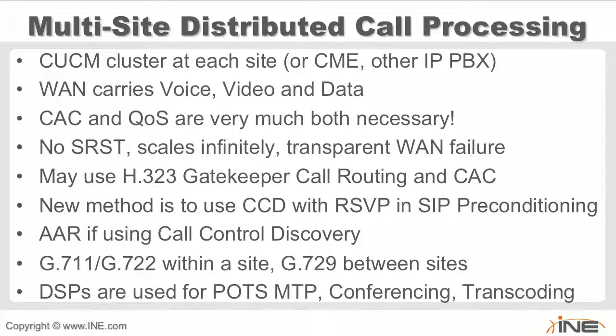They may use H323 gatekeeper call routing and call admission control. Now, that might be what Cisco is still going to expect you to know with multi-site distributed call processing. It just depends on if they've updated their questions enough from the old versions of CIPT1 to support the newest features of version 8.